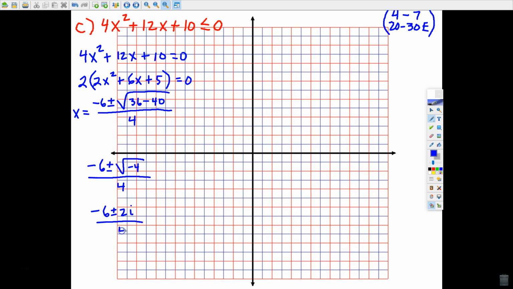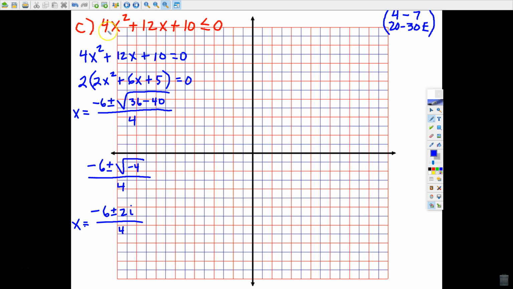And do you remember what this means as far as our graph is concerned? When I have a negative discriminant, which means I'm going to have two complex number solutions, this represents a graph that is never going to cross the x-axis. Well, let's pay attention to how it opens.